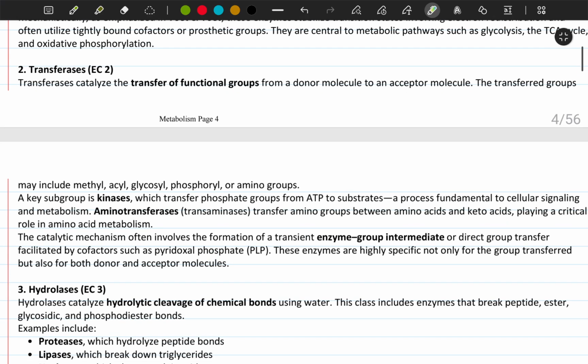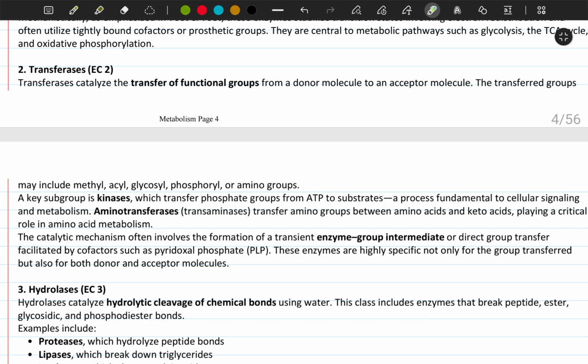The catalytic mechanism often involves formation of a transient enzyme-group intermediate, or direct group transfer facilitated by cofactors such as PLP, pyridoxal phosphate.